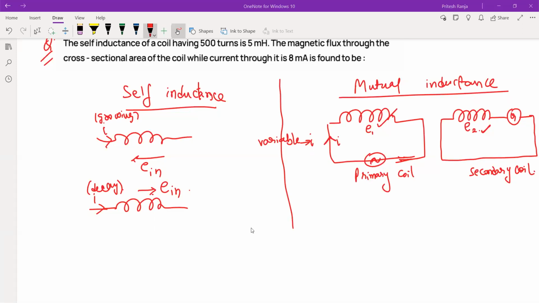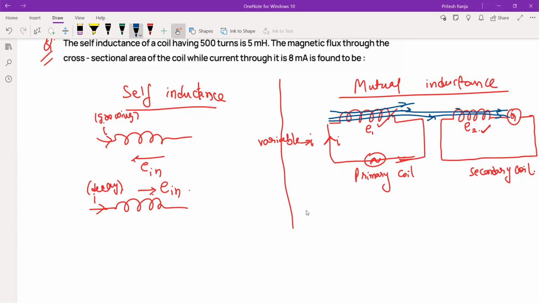The current that is changing in the primary coil will generate a magnetic field, and these field lines will pass through the secondary coil. Let us suppose I have drawn the magnetic field, something like this. These magnetic fields will pass through the secondary coil, so it will cut the area of cross section of the secondary coil and EMF will be induced in the secondary coil as well.